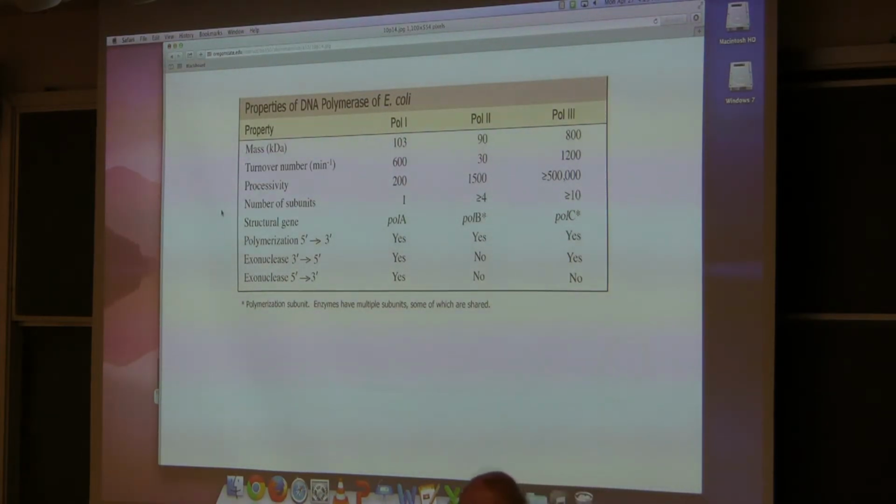Polymerase I has got to get rid of that RNA. So it comes along at the 5' end where that RNA starts, and it says, oh, chop, chop, chop, and it chops out that RNA starting at the 5' end of the RNA, and behind it is a DNA fragment. It extends the DNA and fills that gap. And so that's how all those gaps get filled in: the 5' to 3' exonuclease chops out the RNA at the same time as the polymerase is filling it in with DNA.